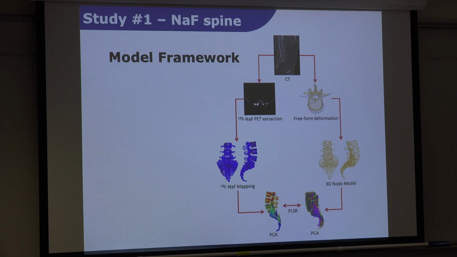We also extracted the sodium fluoride hotspots from the PET-CT and mapped them onto the patient-specific geometries. Then we used principal component analysis to characterize or extract the main features of sodium fluoride uptake and the main features of lower lumbar spinal shape. Then we used a partial least squares regression to find a linear correlation between these 2 models.